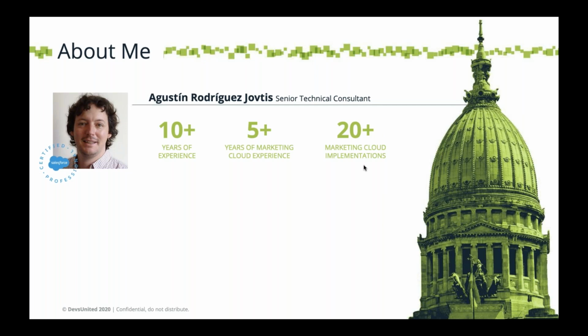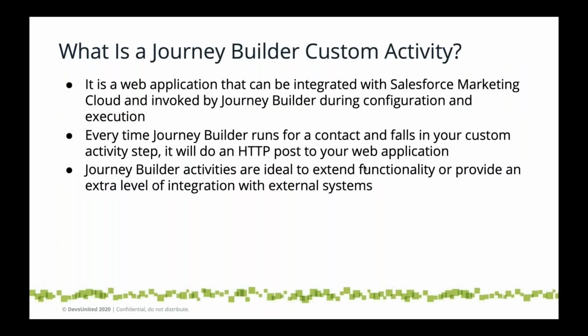So let's start. What is a Journey Builder custom activity? It's a web application that can be integrated with Salesforce Marketing Cloud and will be invoked by Journey Builder during configuration and execution time. So every time Journey Builder runs for a contact and falls in your custom activity step, Journey Builder will do an HTTP post to your web application.